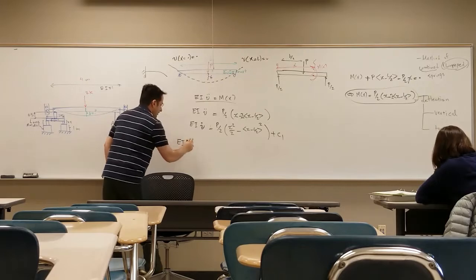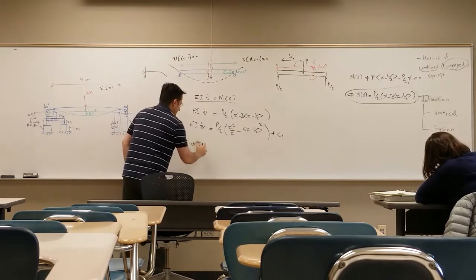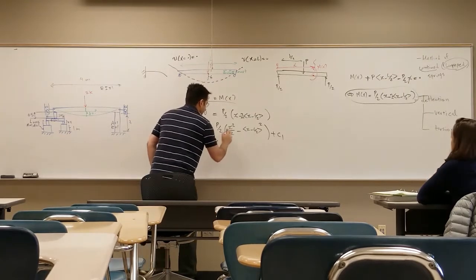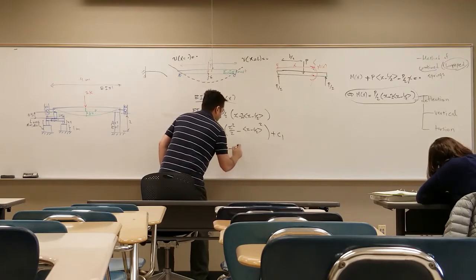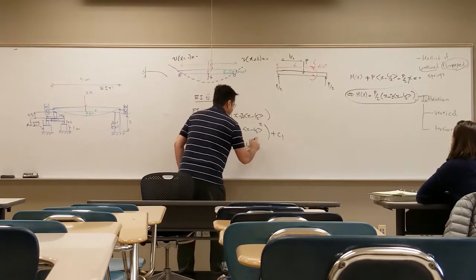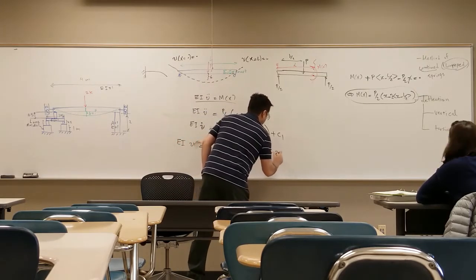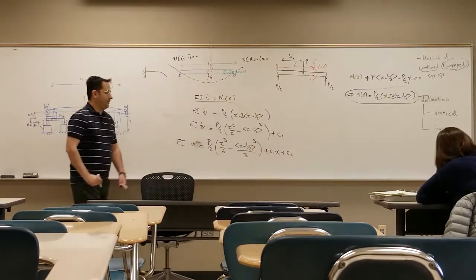So EI times v(x), I don't write x here anymore, is equal to P over 2 times x cubed over 6 minus (x minus L over 2) cubed over 3, plus C1 x plus C2. Now I can apply the boundary conditions.